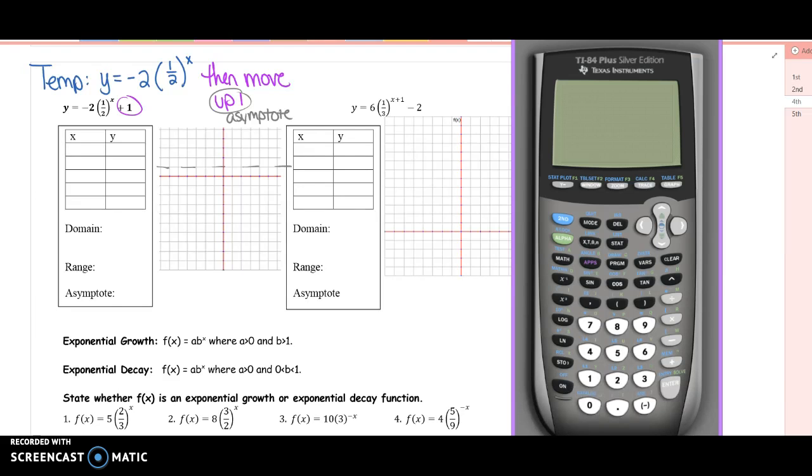If we're using the graphing calculator trick to make the calculator do the math for us, we punch in -2 parentheses 1/2 or 1 divided by 2 raised to the x. Go straight to the table, and the question I commonly get is, how do we know which x values to use? Should we always use -2 to +2? Could we use -1 to +2? What x values should we use?